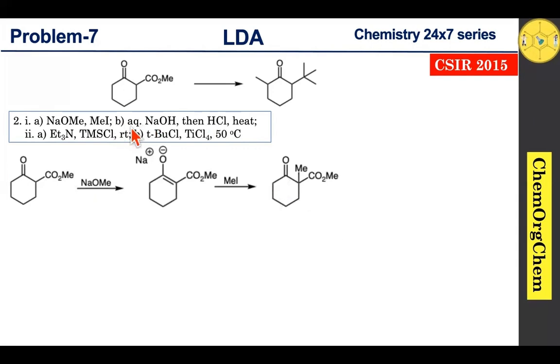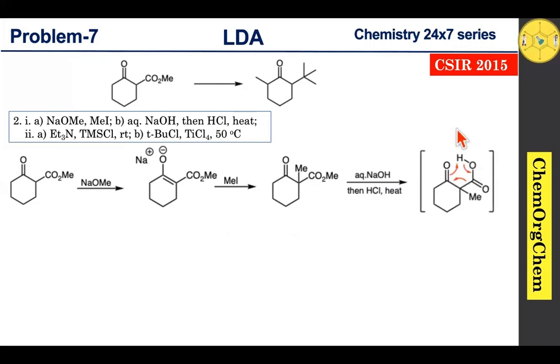The B reaction condition is aqueous sodium hydroxide, then HCl and heat. When you use sodium hydroxide, it readily undergoes ester hydrolysis, which produces the corresponding carboxylate ion. When you use HCl, it readily produces the corresponding carboxylic acid intermediate. After the formation of the carboxylic acid intermediate, when you heat the reaction mixture, it readily undergoes decarboxylation.